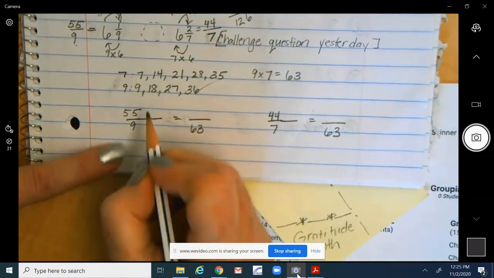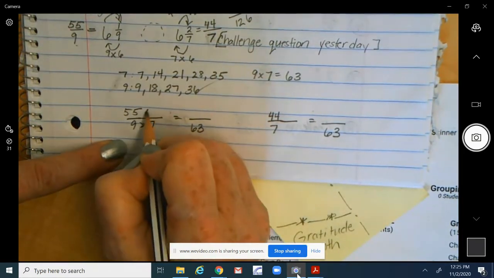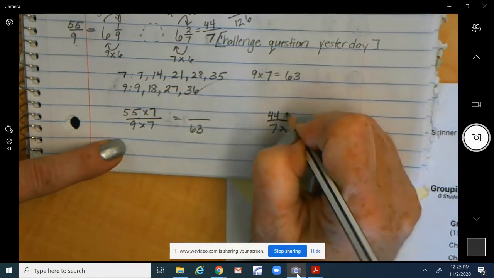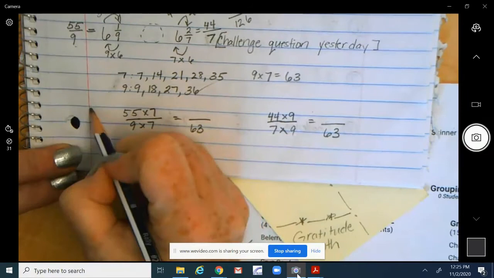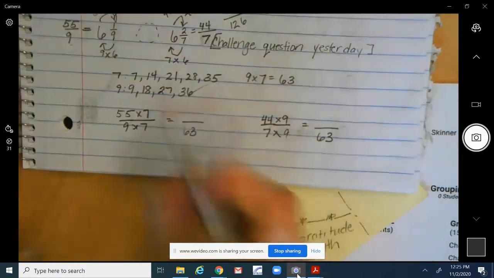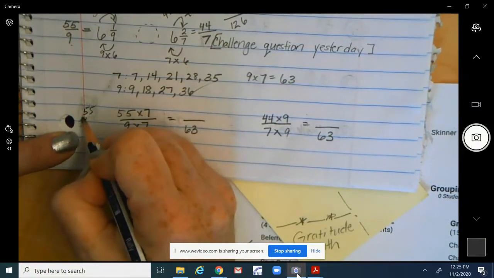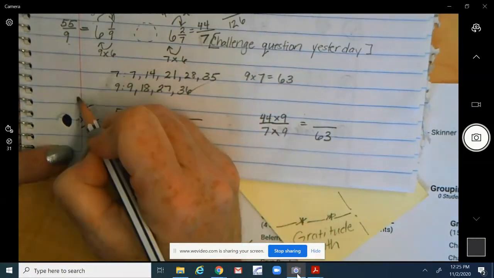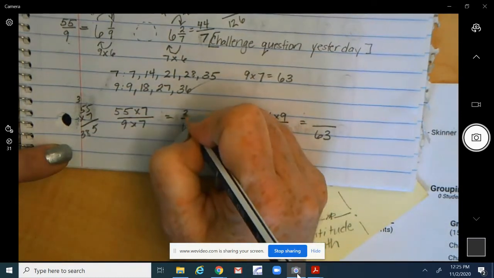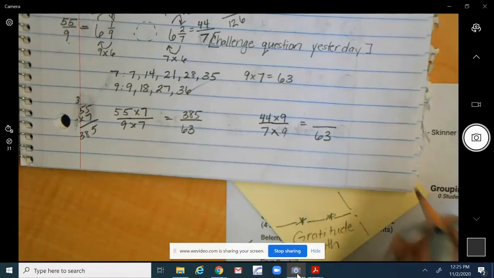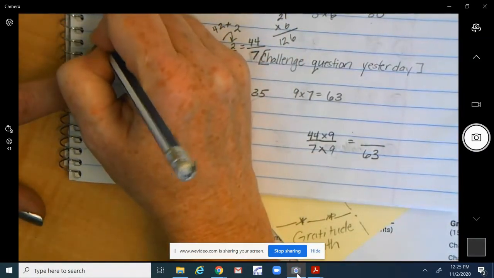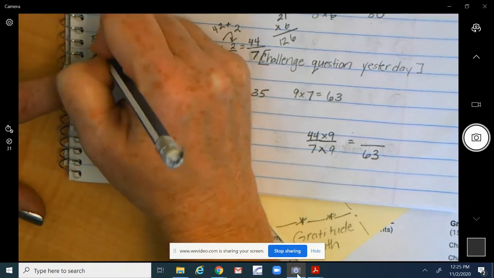So since I multiplied my denominators, if I solve them, I can't do that in my head, so I like to just do it off to the side. Let's see, that's 385/63.